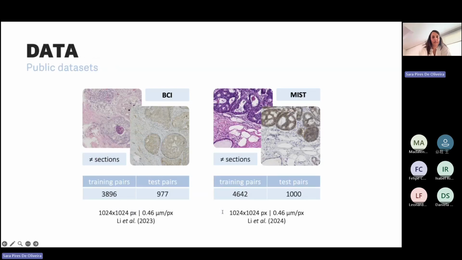In terms of data, there are two datasets that are publicly available, and they come from the first two works that I talked about, the pyramid peaks-to-peaks and the ASP. These are the VCI and the MIST. They are quite similar in terms of size and features.